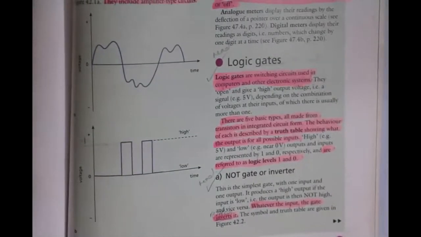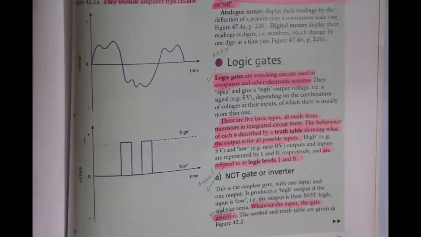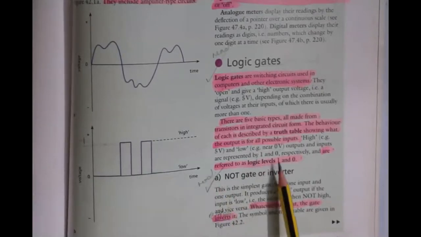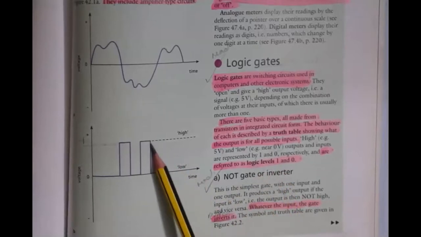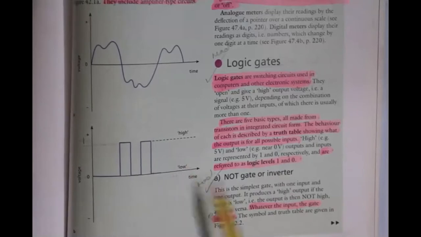So their input is either 0 or 1, and their output is either 0 or 1. Those inputs and outputs are referred to as logic levels, like high level, low level. You can think of this as the electronic language.